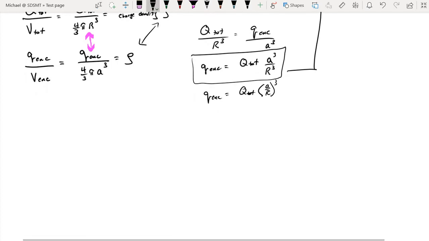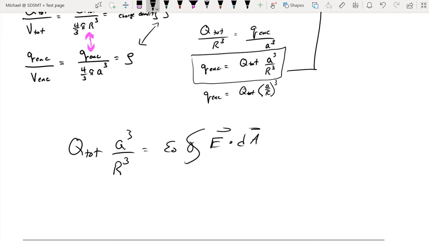So Gauss's law says enclosed charge, which we now have, is Q total A cubed over R cubed, over epsilon naught, equals the integral of E dot dA.